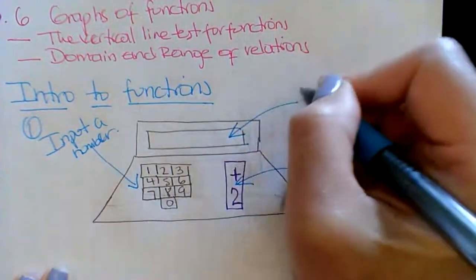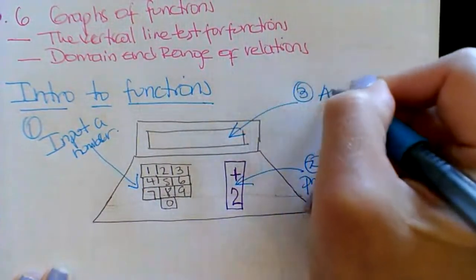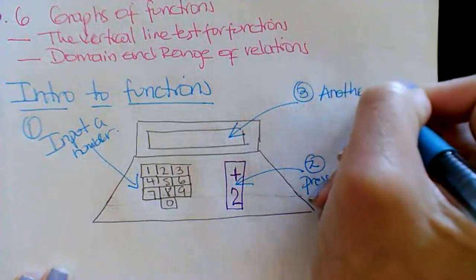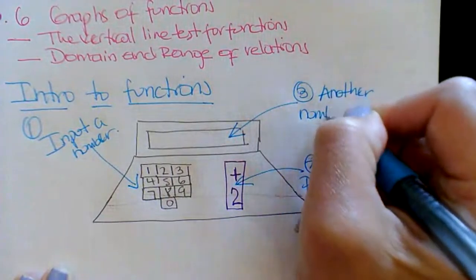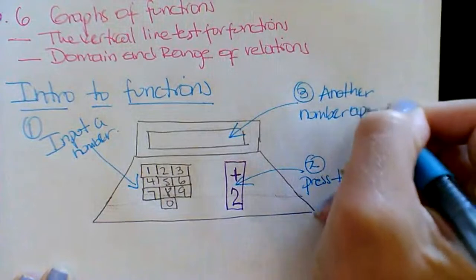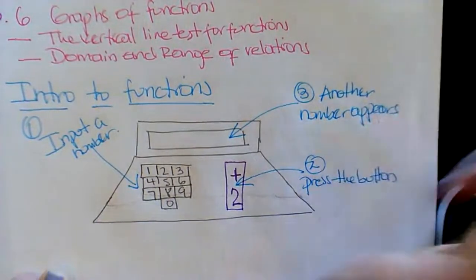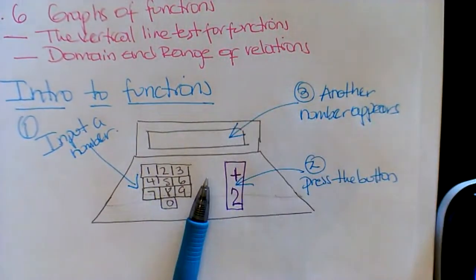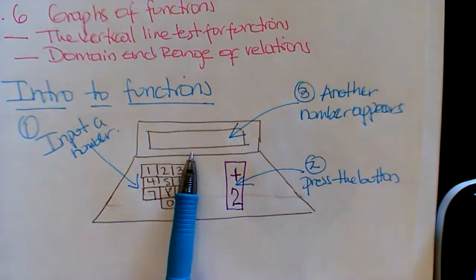And when we do that, what happens? Another number appears. Okay? So this is an example of a function.